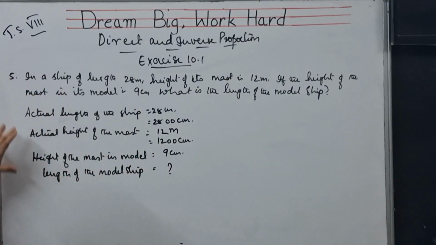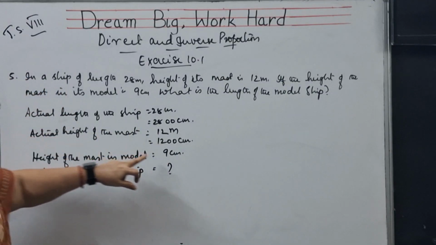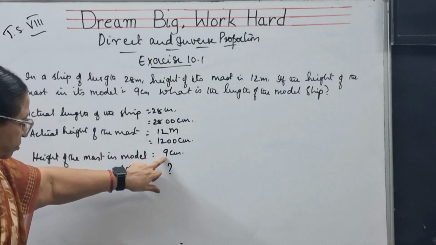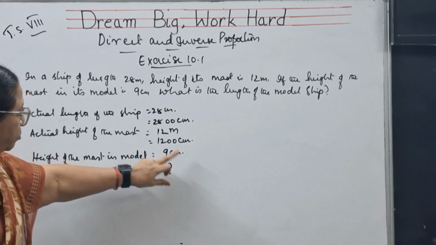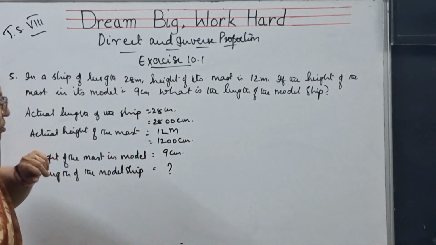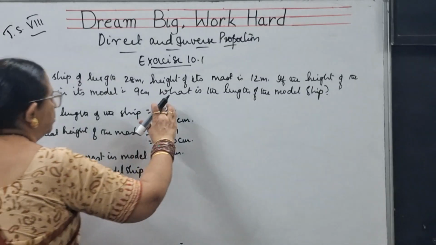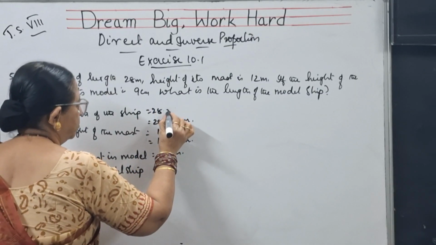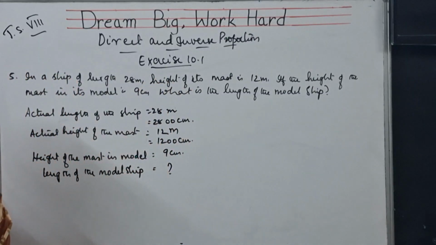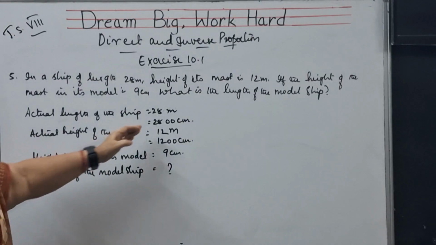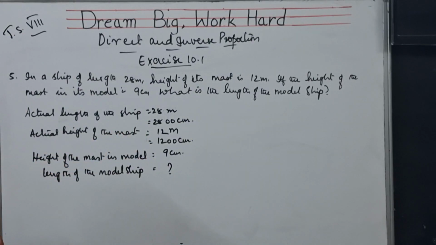This is the question. Here we have changed it, children, because here the measure is 9 centimeters, but actual heights are in meters. So we have converted meters into centimeters by multiplying by 100. You know about it. So 2800 centimeters and 1200 centimeters are the length of the ship and the height of the mast.